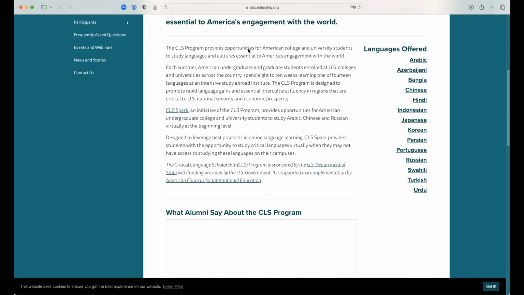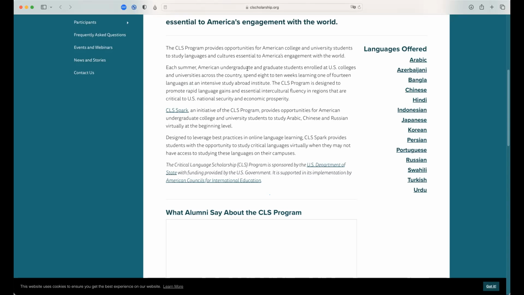Now, on this list of languages here, I've done formal studies only in Hindi and in Japanese, but some of my classmates in different programs have gone on and studied in other languages here. It's competitive, but it is a great opportunity.